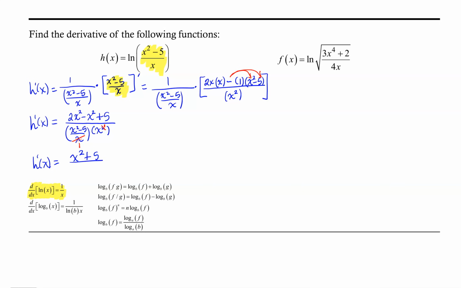And then in my denominator, I have an x squared minus 5 times an x. And I would suggest not multiplying out any denominators, leaving that denominator as (x squared minus 5) times x. So that's finding the derivative of h, straightforward, using simply the chain rule in conjunction with the quotient rule.